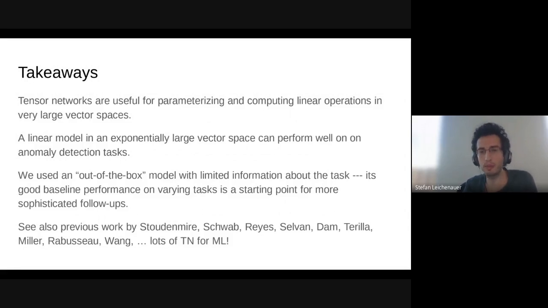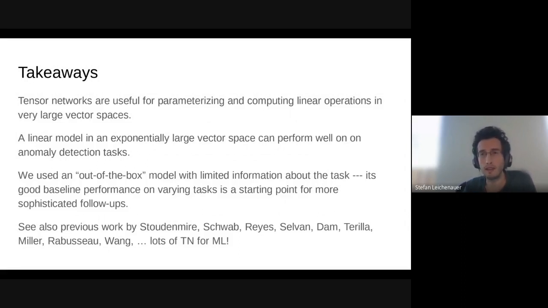We have a few hyperparameters that we tuned a little bit, and I'll describe that toward the end. But mostly we used the same model without changing the model in a significant way, going from, say, images to tabular data. And with limited information about the task or about the data, the model still performed pretty well.